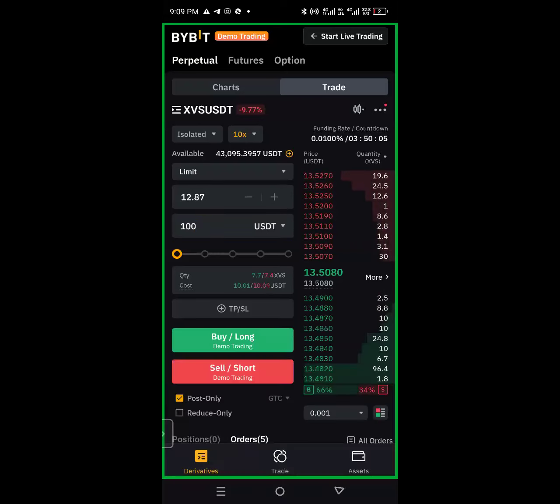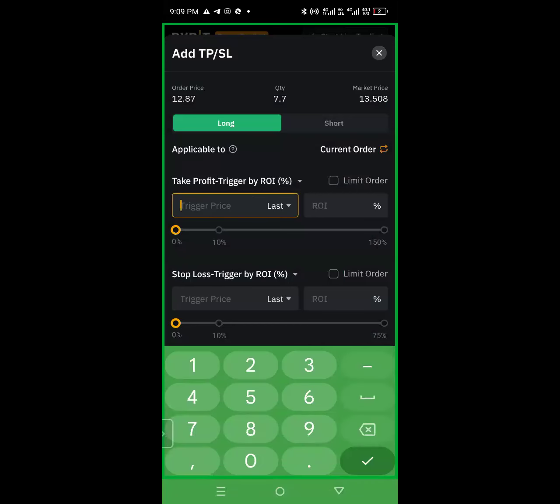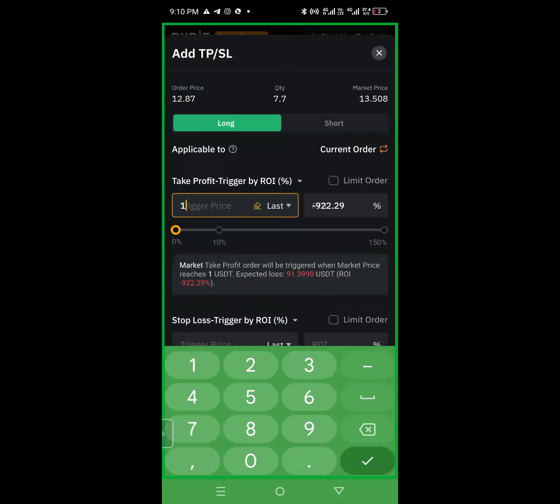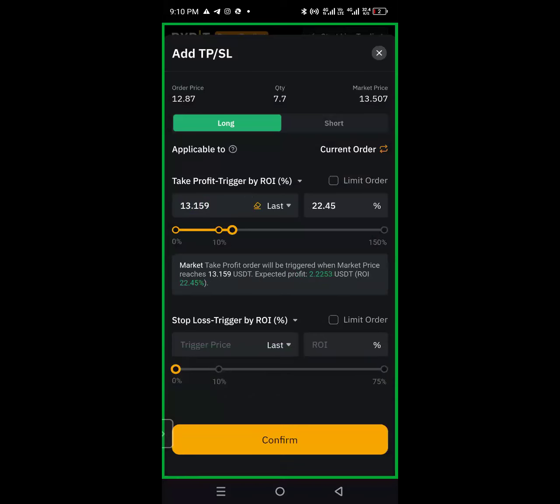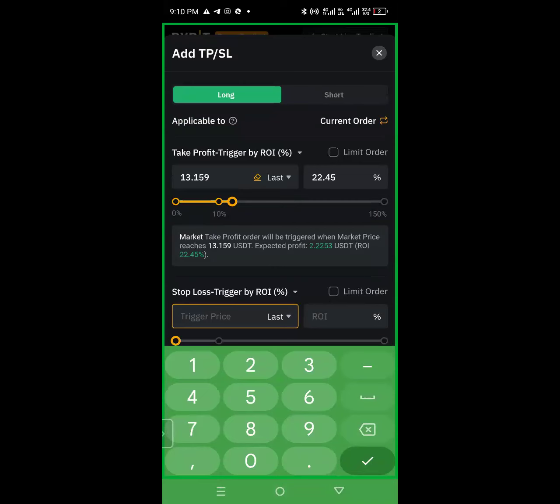Let's go to TP and SL. Our TP1 is 13.159. As a beginner, stick to TP1. If you don't know how to decide whether to wait for TP2 or TP3 yet, stick to TP1. Now, stop loss is 12.51.